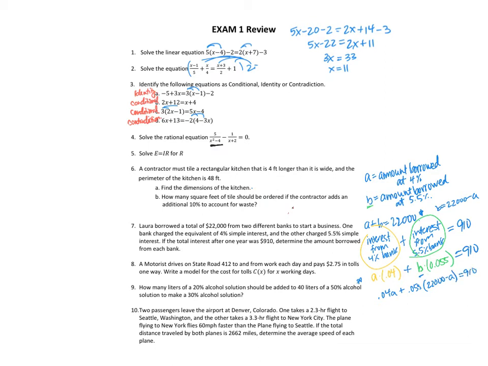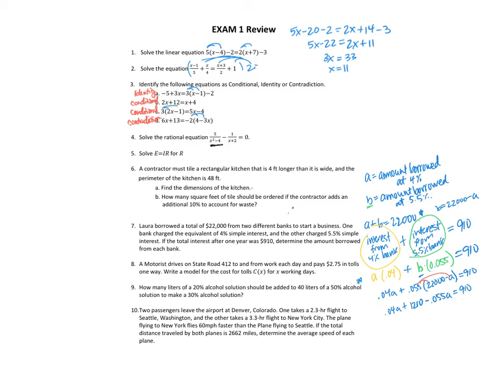I just want to solve for A. So I'll get 0.04A plus, distributing into both of those, 0.055 times 22,000 is 1,210, minus 0.055A is equal to 910.